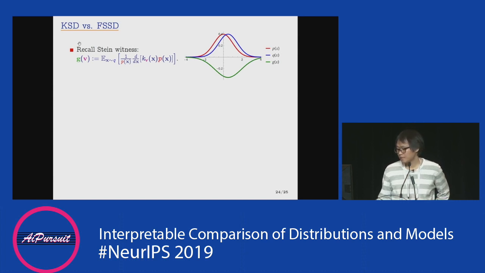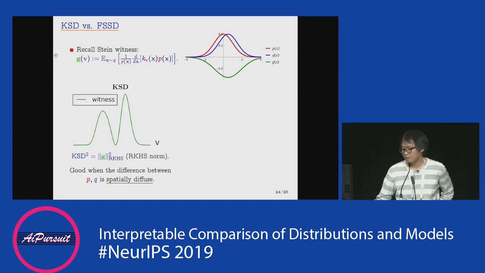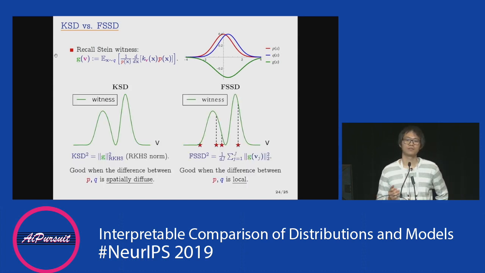Remember that KSD is given by the norm of the Stein witness function. And it turns out that KSD is good when the difference between the two distributions is spatially diffuse. Spatially diffuse means that the Stein witness function is almost a zero function, is flat, but not quite zero. So in that case, FSSD is not so good.